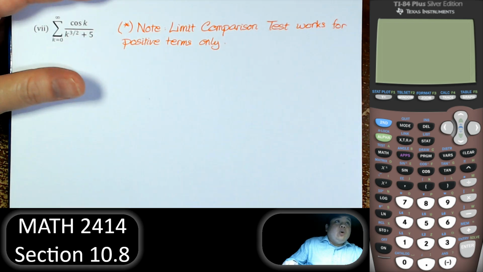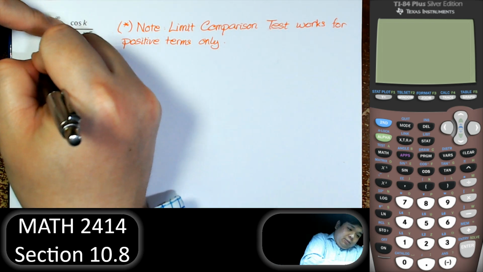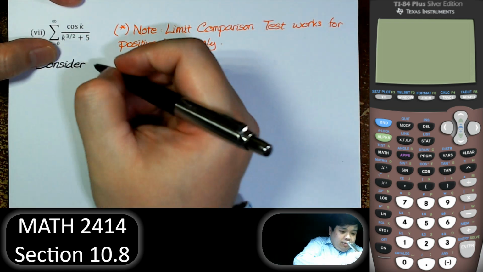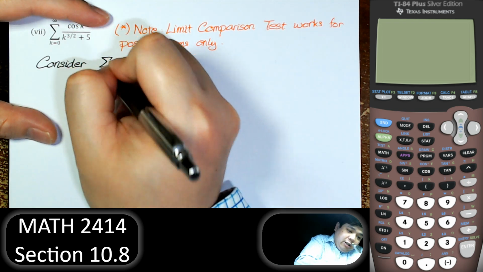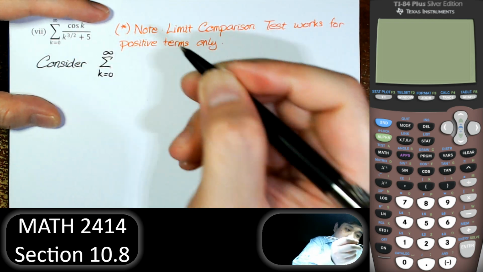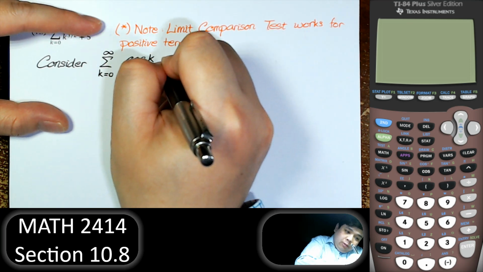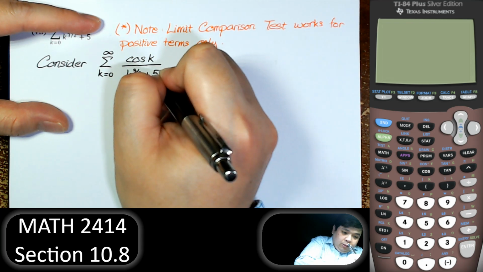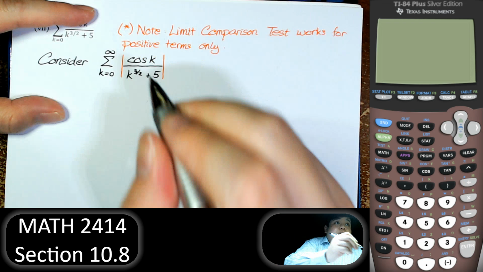So in this problem, we will consider the case where we just put absolute values into it. So we consider the series here. We want to put absolute values into it, just to make sure it will be positive.